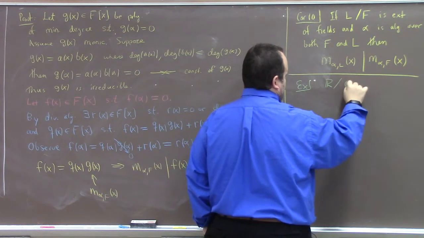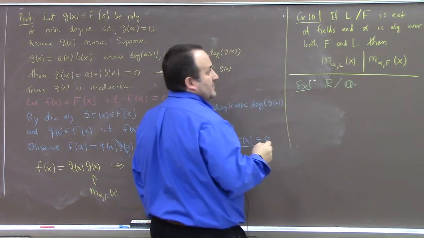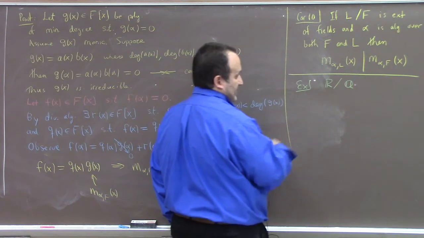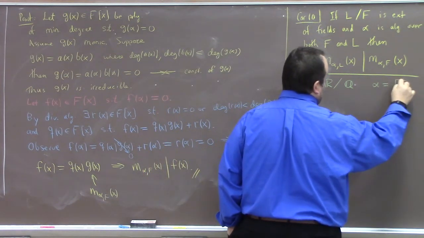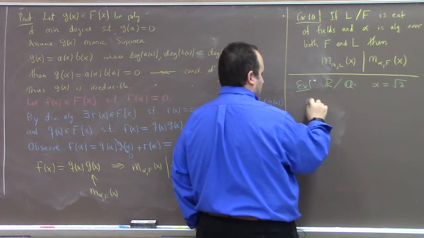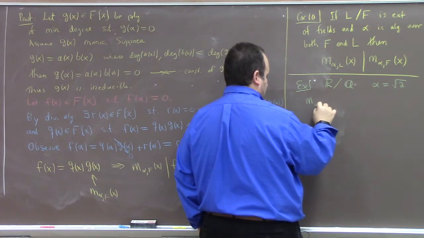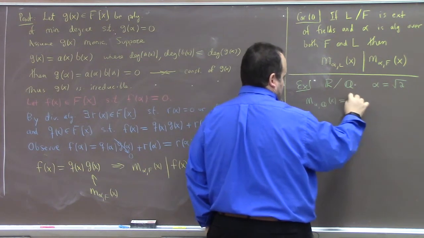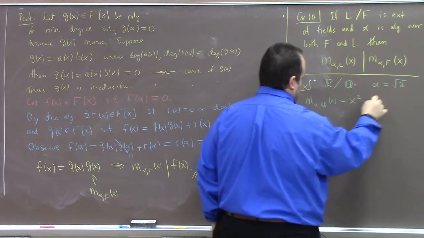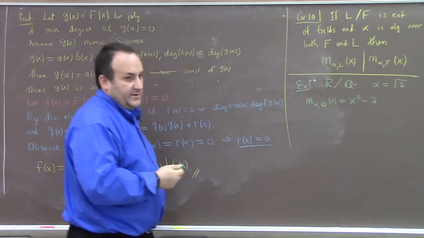Real numbers are an extension of the rational numbers, and they're both fields, obviously. Take alpha equal to the square root of 2. The minimal polynomial of alpha with respect to the rational numbers is x squared minus 2. That's irreducible by Eisenstein's criterion.